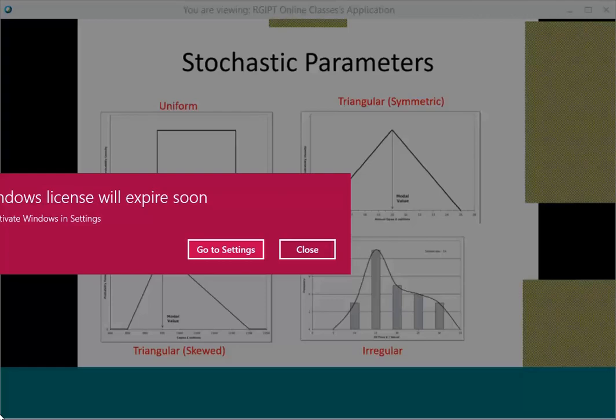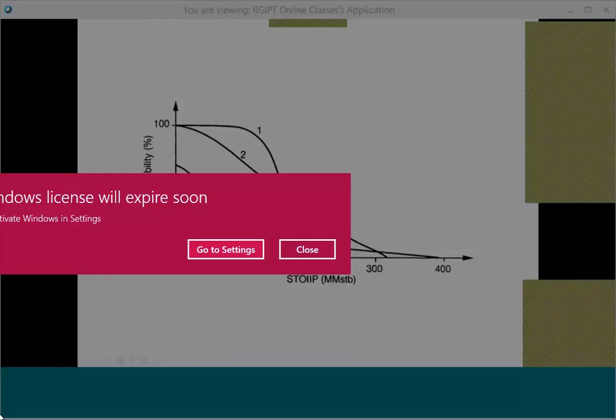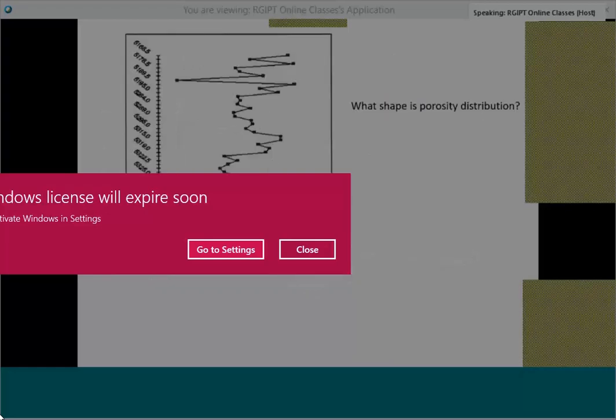You could choose these different probability distribution functions, right? So this is called uniform. Then you have triangular symmetric or triangular skewed or irregular distribution. Now let us try to understand how to assign some of these distributions.